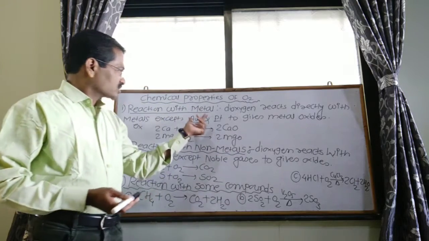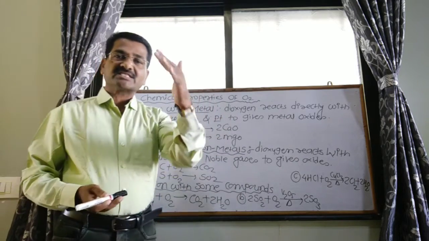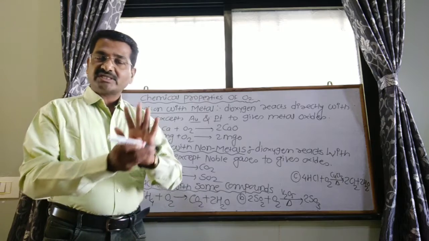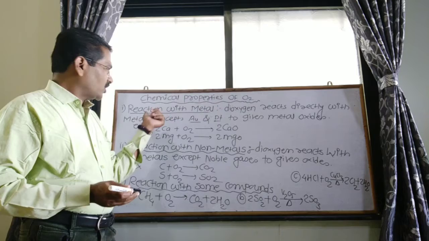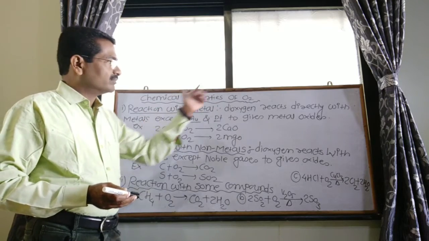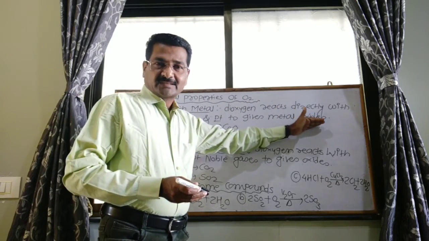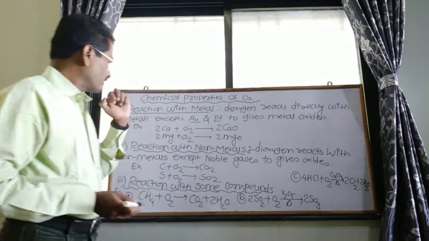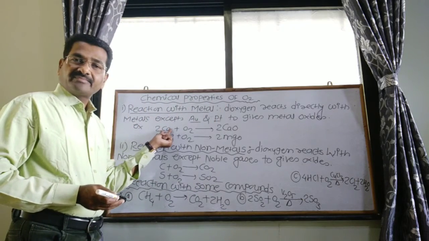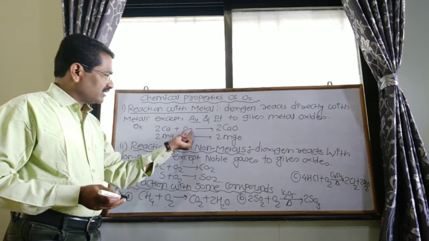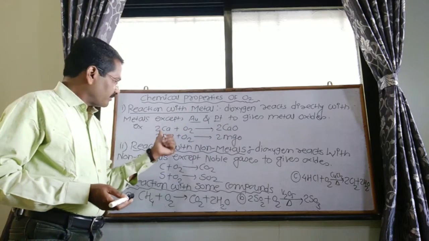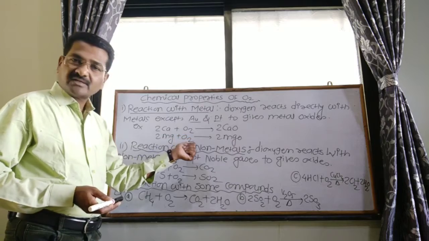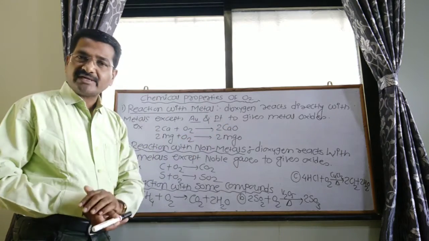Why? Because gold and platinum are precious metals. Therefore, oxygen cannot directly react with gold and platinum, but reacts with other metals to form metal oxides. For example, calcium reacts with dioxygen to form calcium oxide. Second example, magnesium reacts with oxygen to form magnesium oxide.